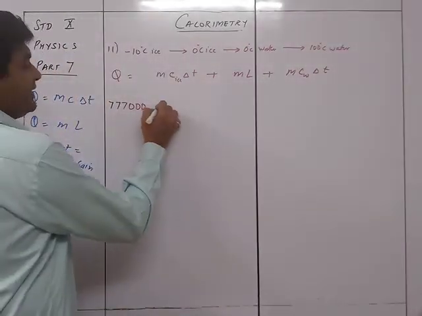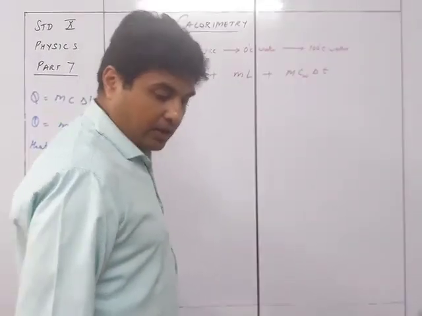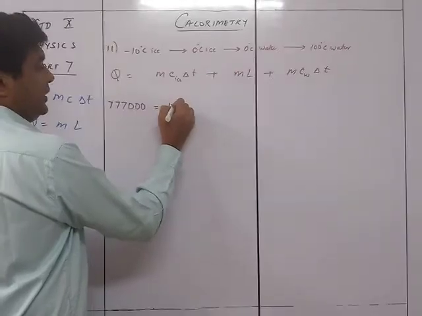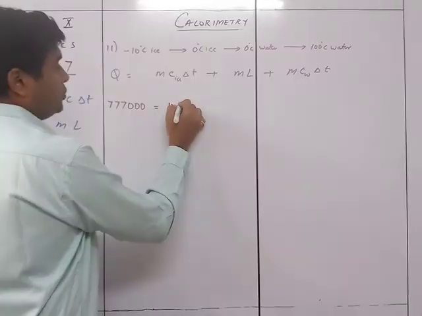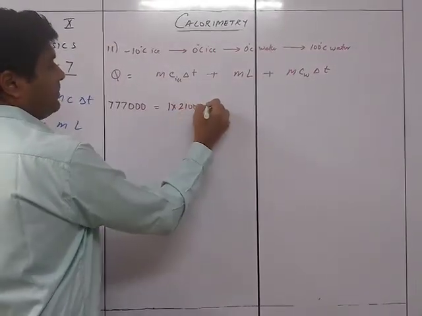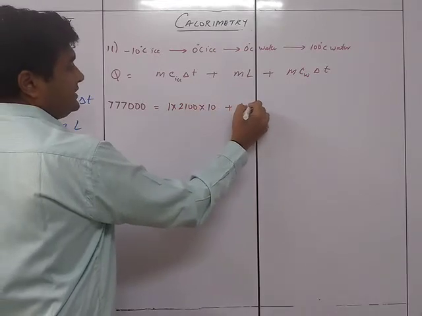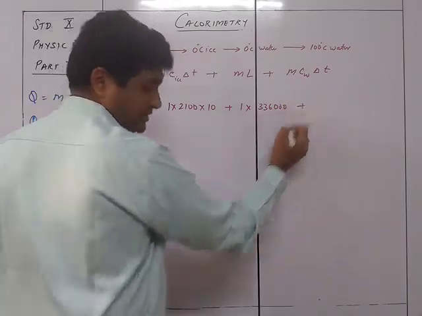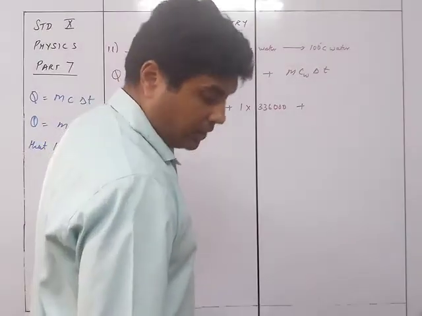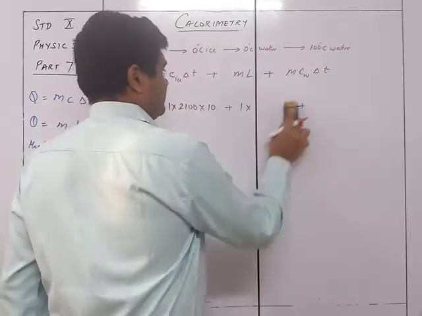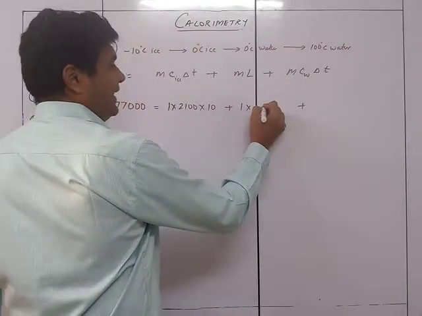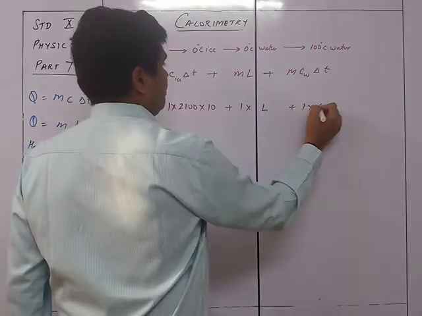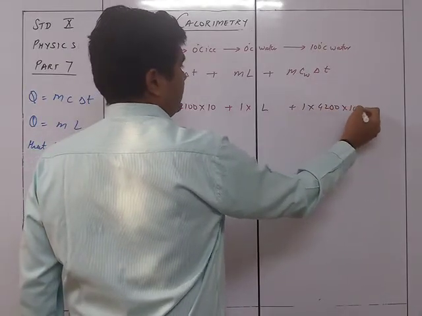That is equal to, now we have given you that it is 1 kg, so it is 1 into 2100 into temperature will be 10, plus 1 kg into 336000 plus, this is going to be L, and plus this is nothing but 1 kg into 4200 into 100.